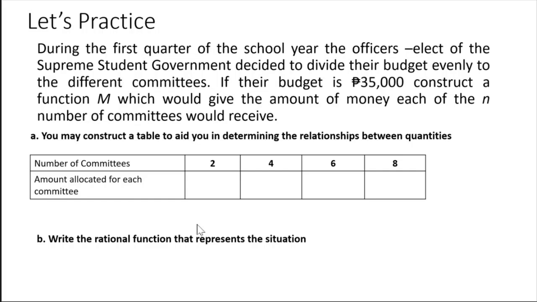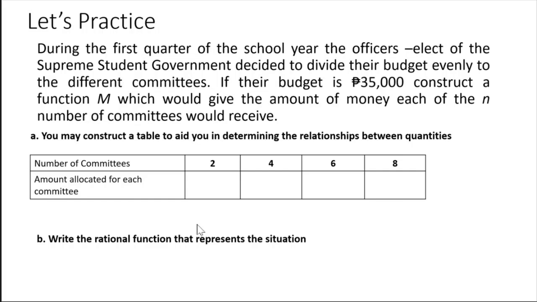If their budget is 35,000, construct a function m which would give the amount of money each committee would receive, where n represents the number of committees. So let's analyze the problem. The budget is 35,000 and it will be equally divided among the different committees. Suppose that n is the number of committees.